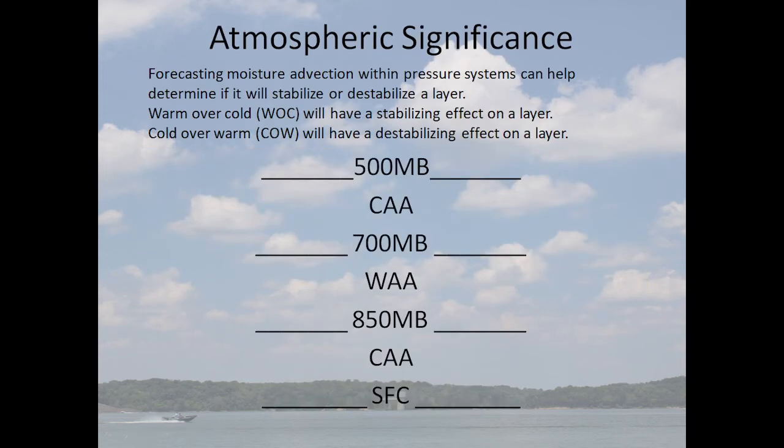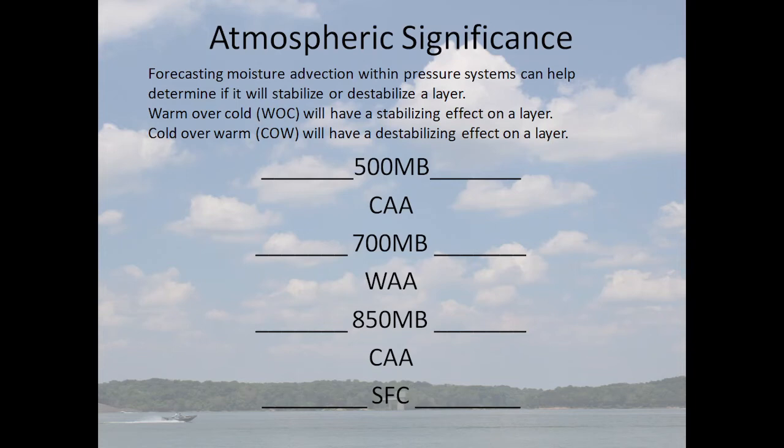Okay, and now the atmospheric significance. Forecasting moisture advection within pressure systems can help determine if it will stabilize or destabilize a layer. So when you break all this down, on these upper air charts you're looking at those dew point depressions, and on the surface chart you're looking at temperatures, dew points, moisture advection, cold air advection, wind speeds, pressure gradients, thermal gradients.